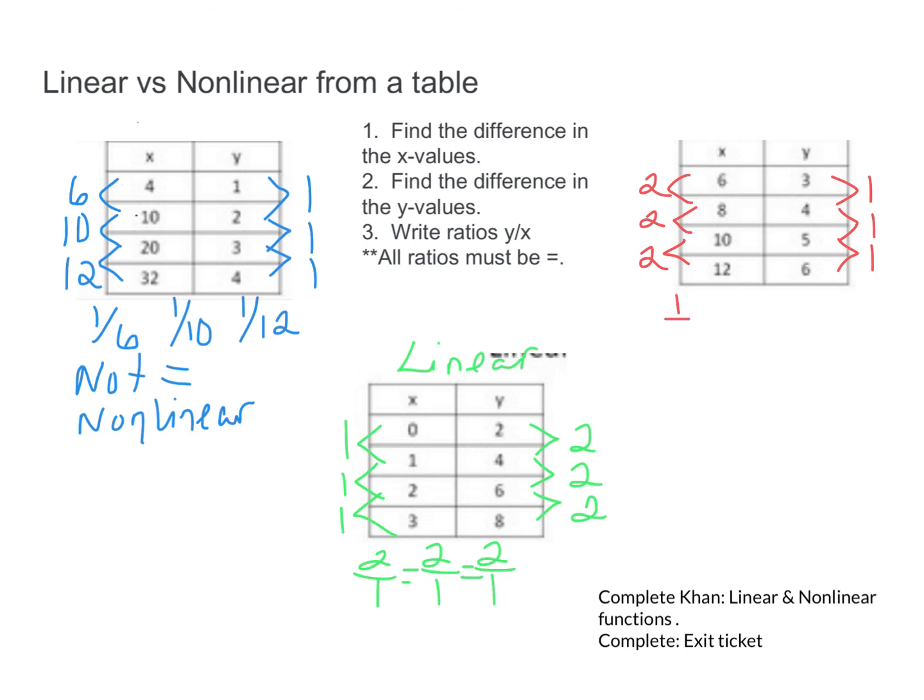I get 1 over 2, 1 over 2, 1 over 2. They're all equal, so this is linear.